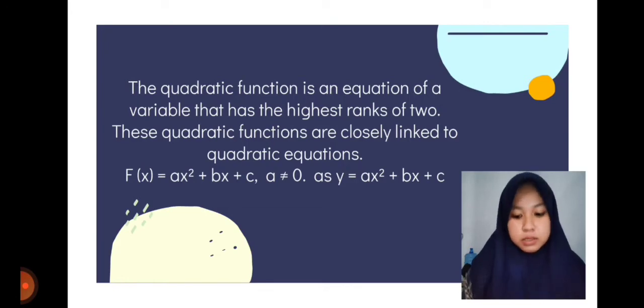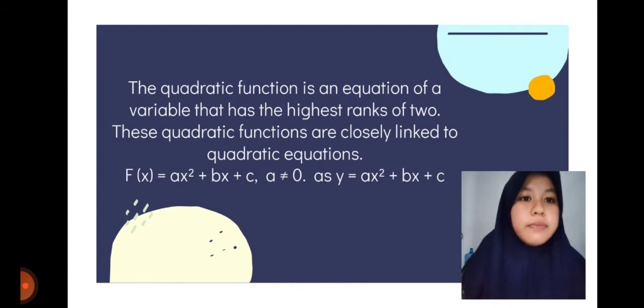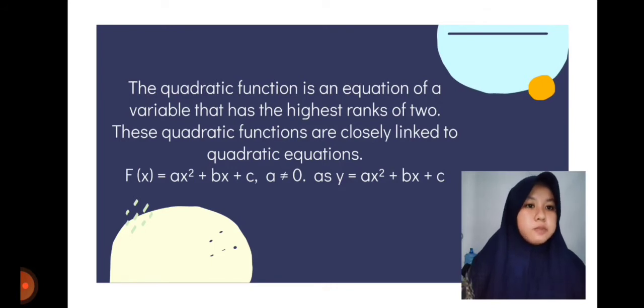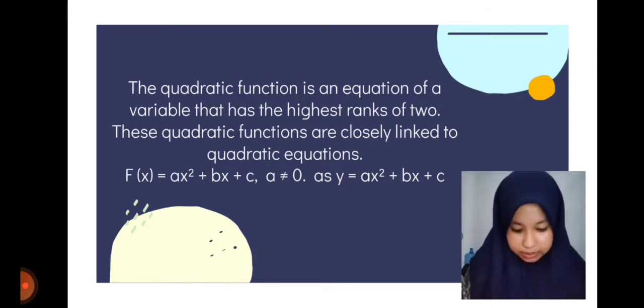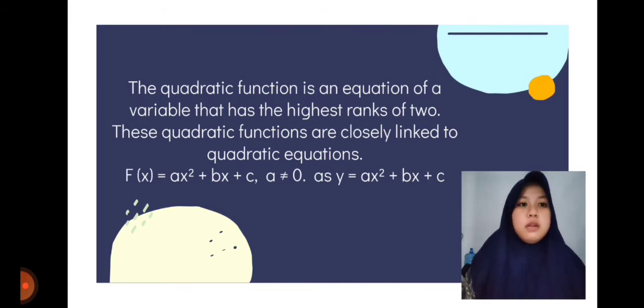The general form of the quadratic function is f(x) equals ax squared plus bx plus c, or y equals ax squared plus bx plus c, and a should not equal 0.